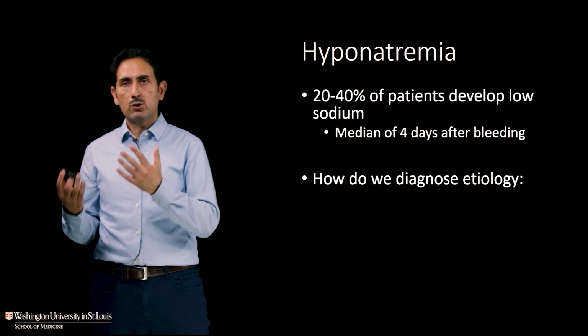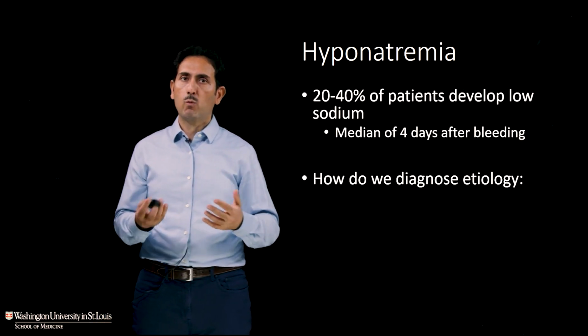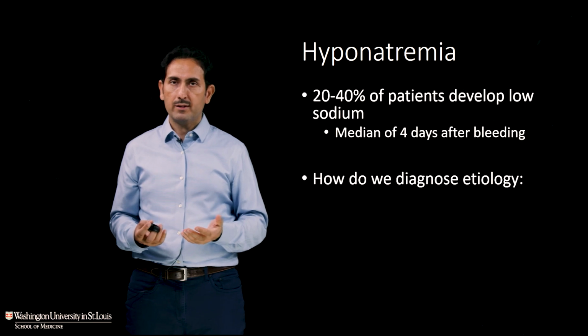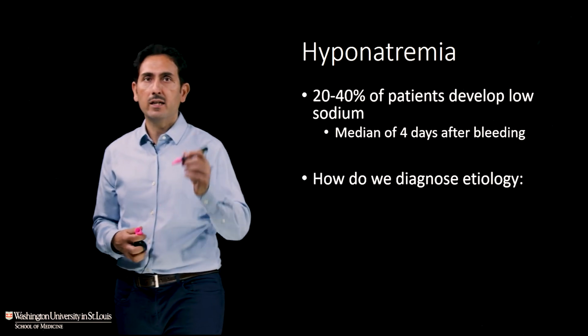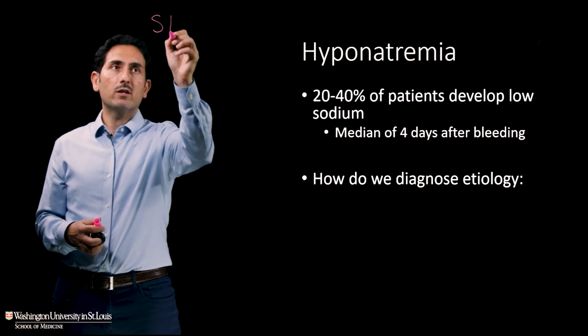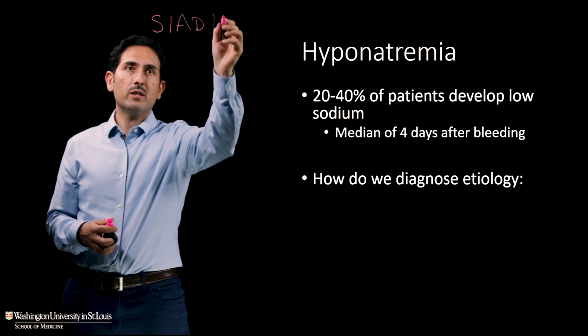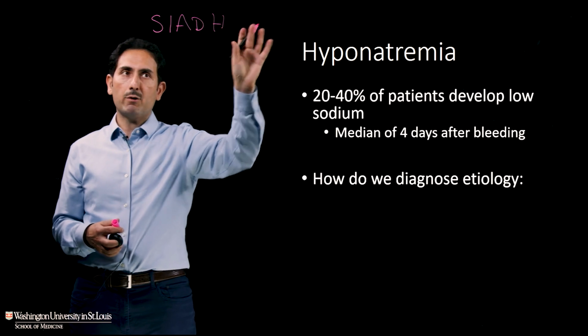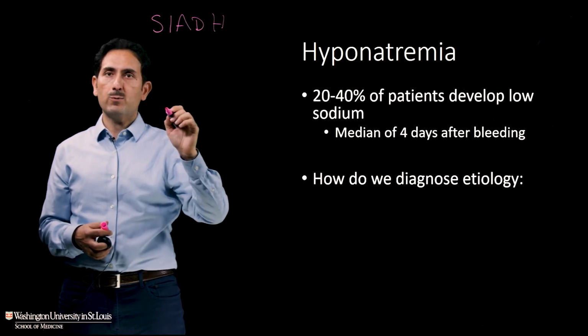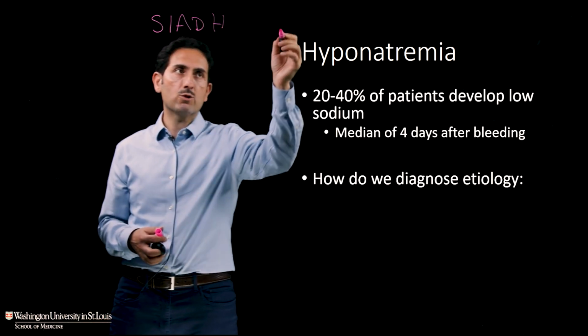Well, there are two possibilities for why someone with brain injury may have low sodium. Number one, because of something called SIADH, which means syndrome of inappropriate ADH, or antidiuretic hormone. So there's too much ADH being released by the brain in response to injury.